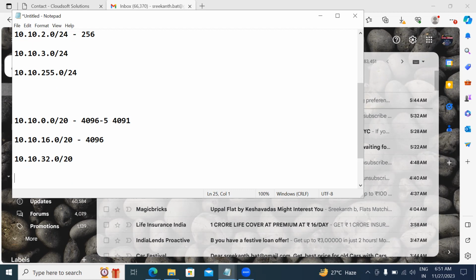Okay, and why are we going for multiple subnets in the VPC? For zone-wise communication.